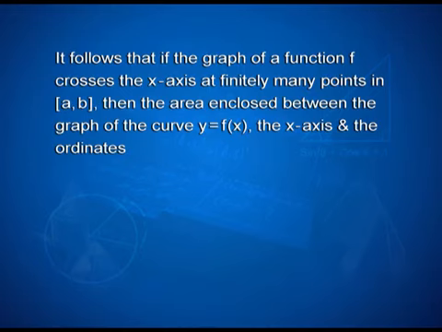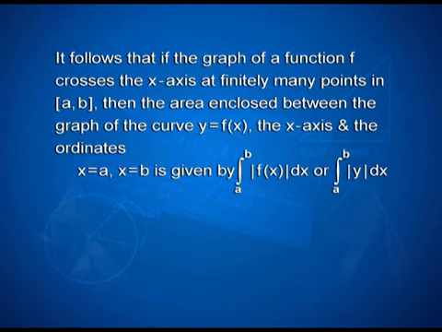It follows that if the graph of a function f crosses the x axis at finitely many points in the interval a, b, then the area enclosed between the graph of the curve y is equal to f of x, the x axis and the ordinates x is equal to a, x is equal to b is given by integral a to b modulus of f of x dx, or integral a to b modulus y dx.